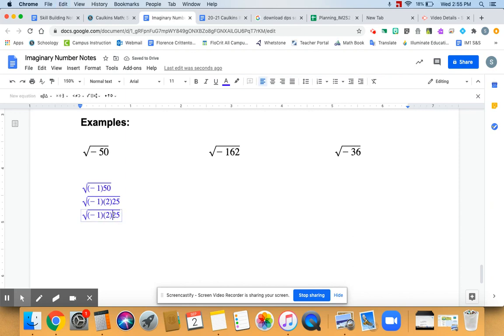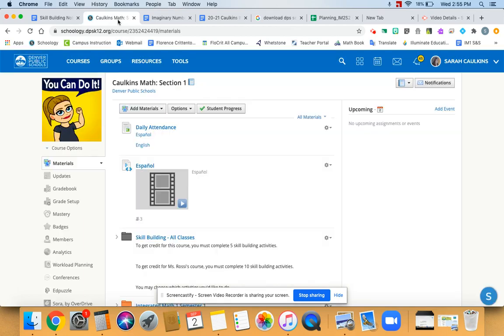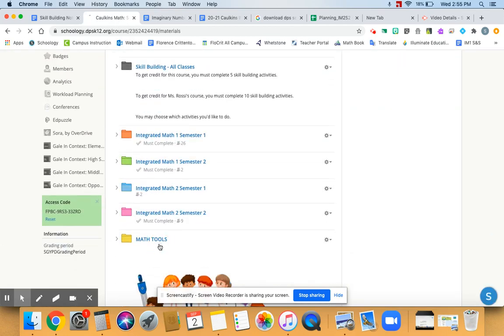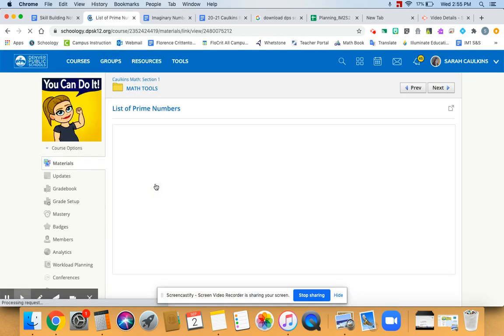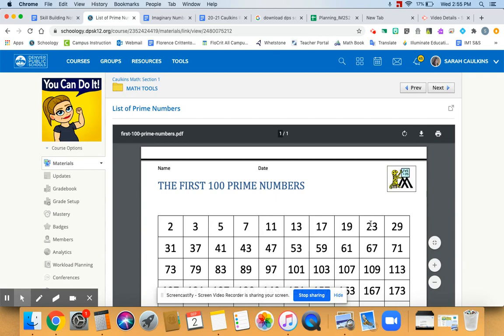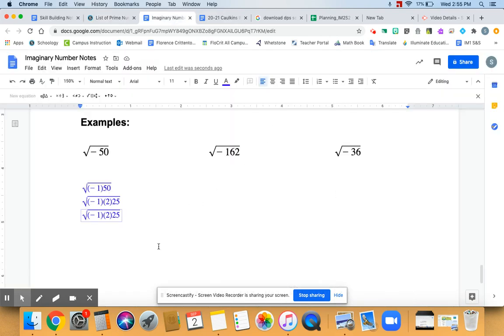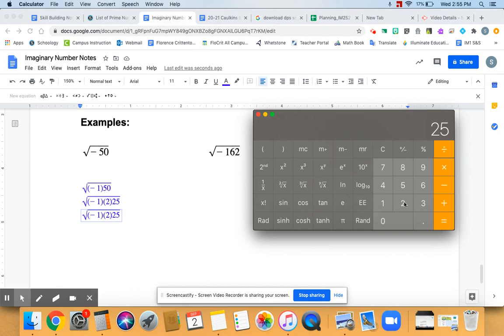25 is not a prime number because it's not on the prime number list when you go into my tools. So 23, 29, it skips 25. So I can divide 25 by something. If I try by 2, it will not work. If I try by 3, I will also get a decimal.